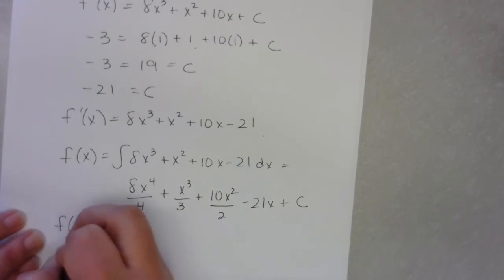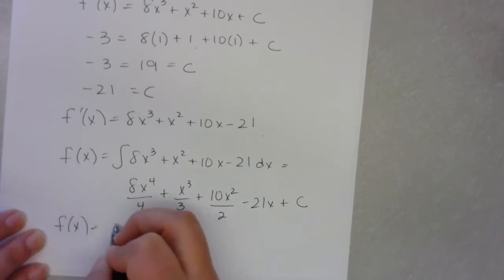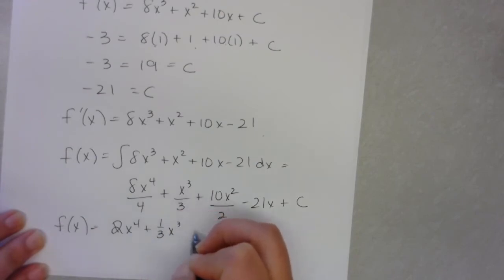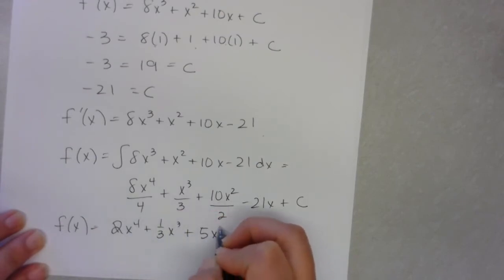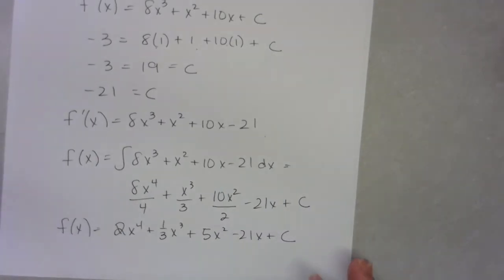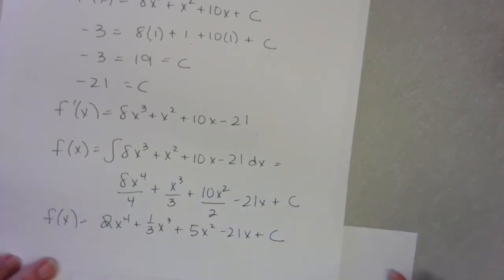Simplifying a little bit, I get 2x to the fourth plus 1/3 x cubed plus 5x squared minus 21x plus c. Whew.